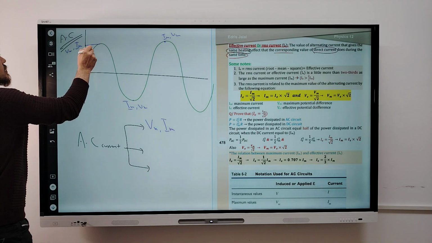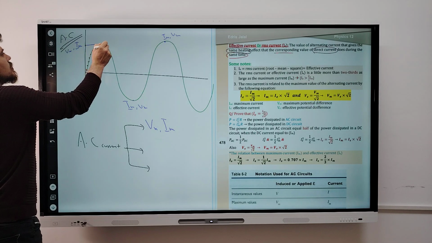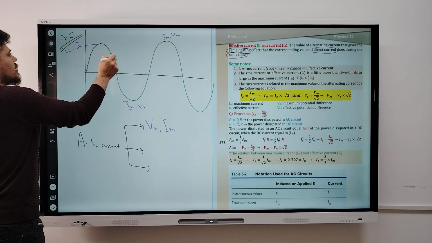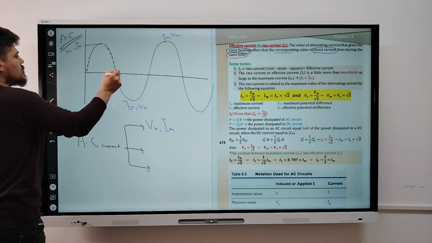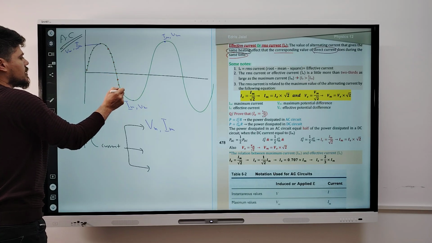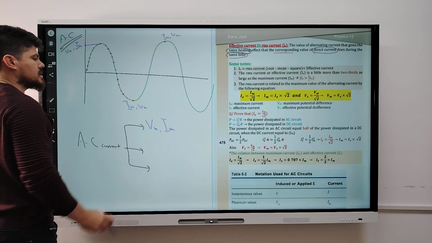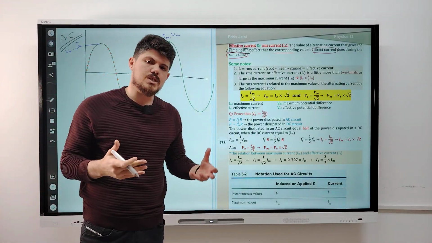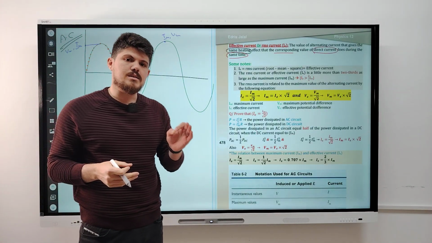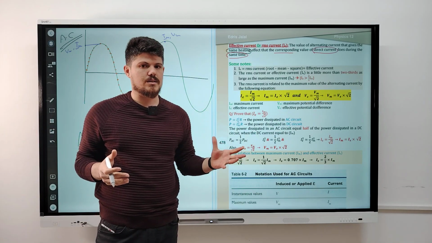What are these dots? This is the instantaneous current. What do you mean by instantaneous value of current or potential difference? It means its magnitude at each instant.